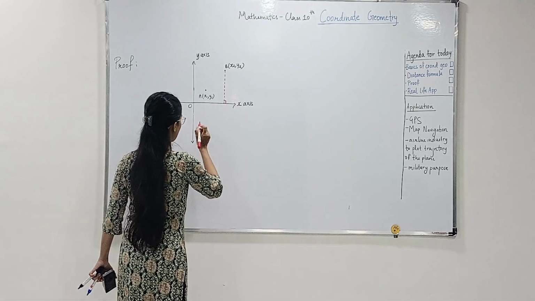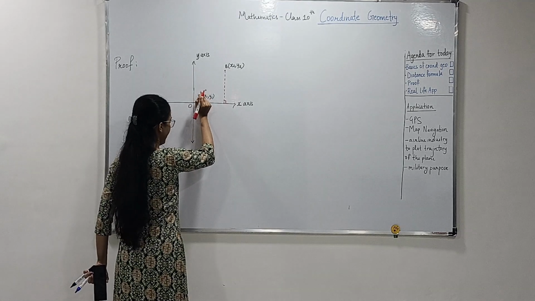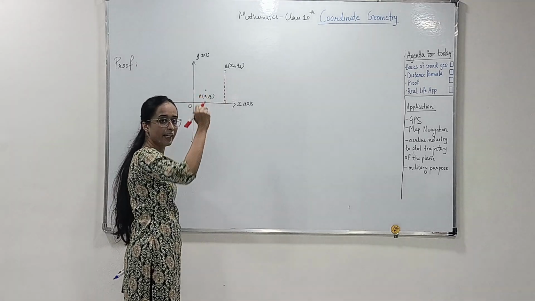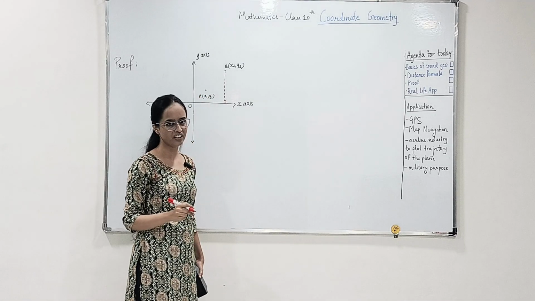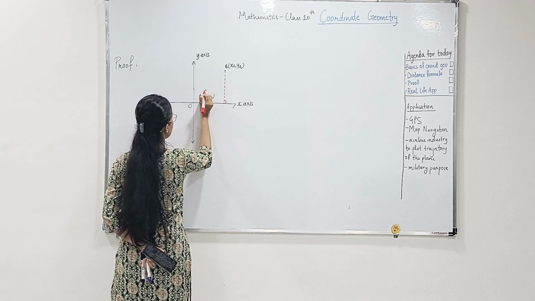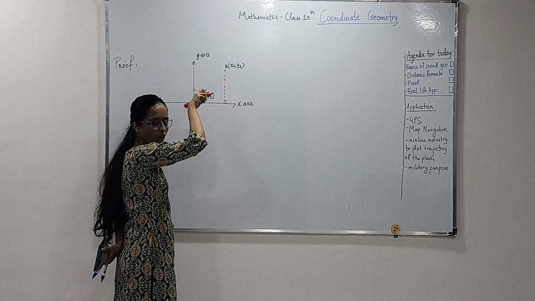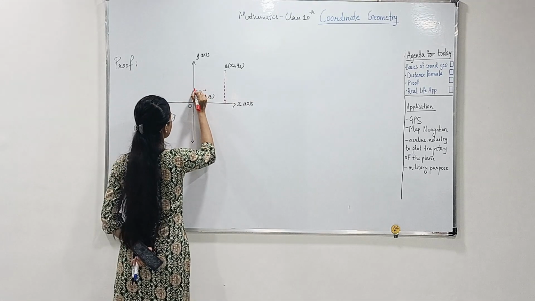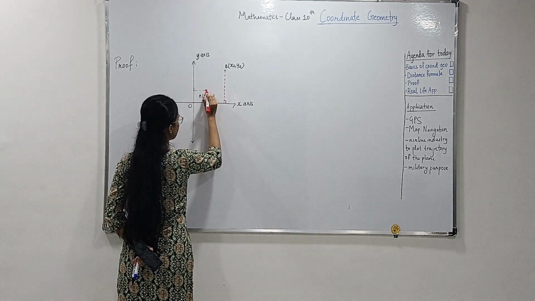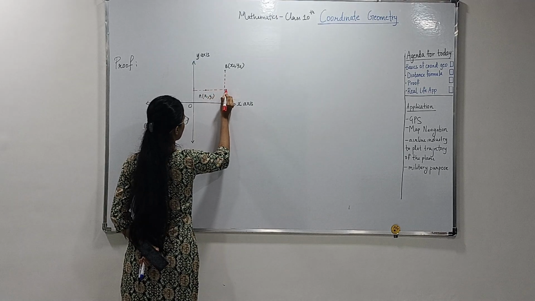Similarly, I have to drop a perpendicular from point A on the y-axis and it would be parallel to your x-axis. So here if you see, this is a perpendicular which is dropping on the y-axis. It is parallel to x-axis, and since this is a line, I can extend it from this side.